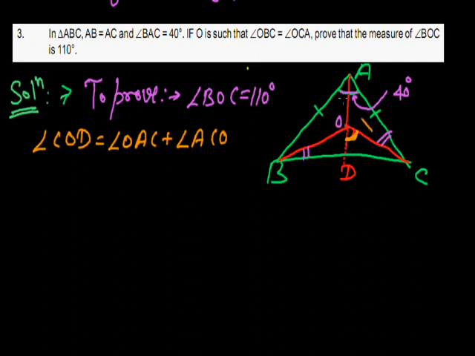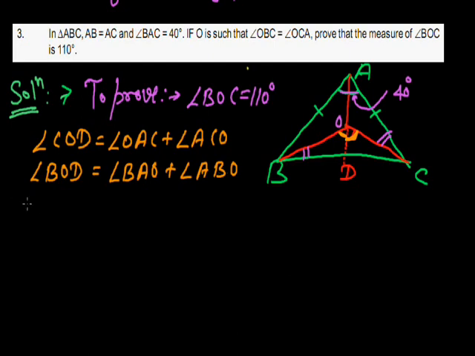Next, angle BOD is also equal to the sum of opposite interior angles, that means angle BAO plus angle ABO.